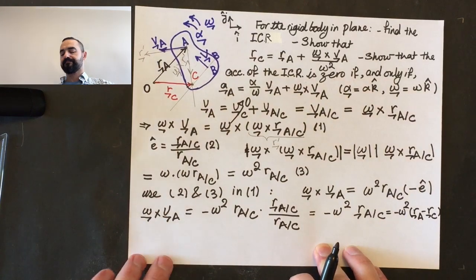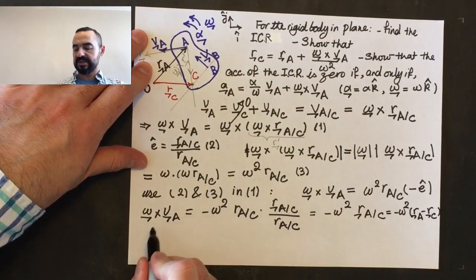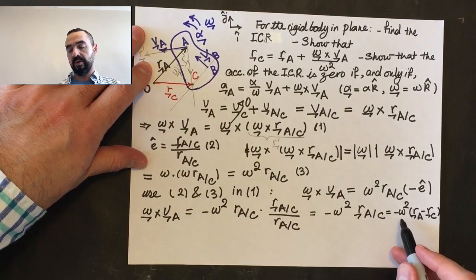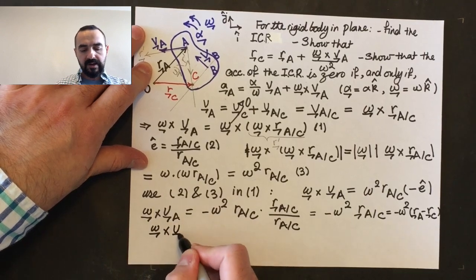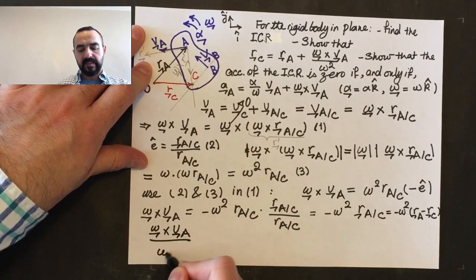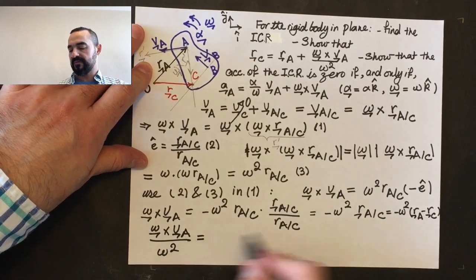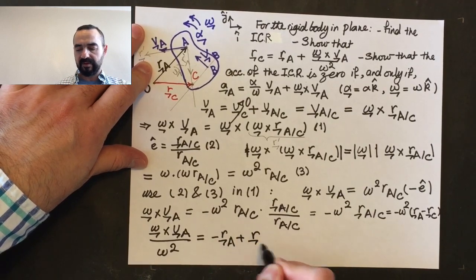Now if you pay close attention, on the left we have this term, so I'm going to divide through by omega squared. So I have omega cross VA divided by omega squared is equal to a negative sign here. So I get minus RA plus RC.